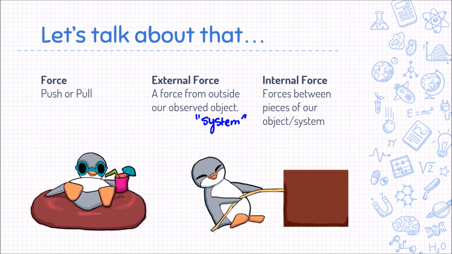So for example, if we have Sigmund pulling on not only this one box, but one box on top of another box, we might choose our system to be both boxes together. An internal force is a force between pieces of our object or several objects within our system.